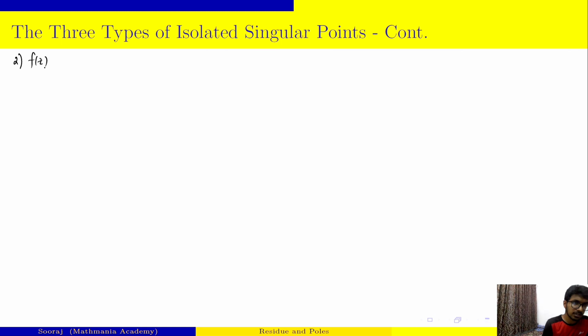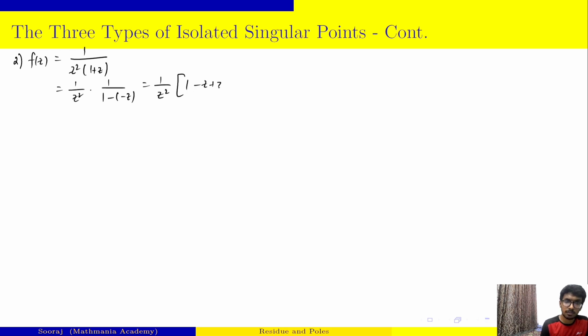Now we move to the next example. Your f of z is 1 upon z squared multiplied with 1 upon (1 plus z). This may be written as 1 upon z squared multiplied with 1 upon 1 minus of minus z, so that it can be written as 1 upon z squared multiplied with (1 minus z plus z squared minus z cube plus z to the power 4 minus z to the power 5 plus etc.).